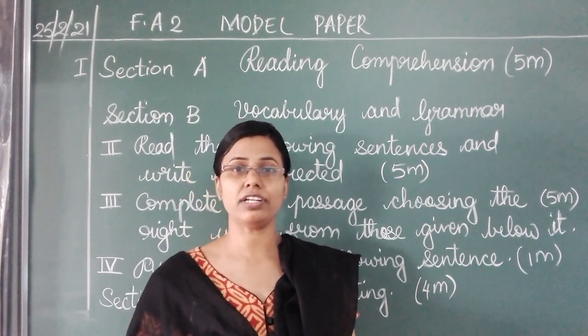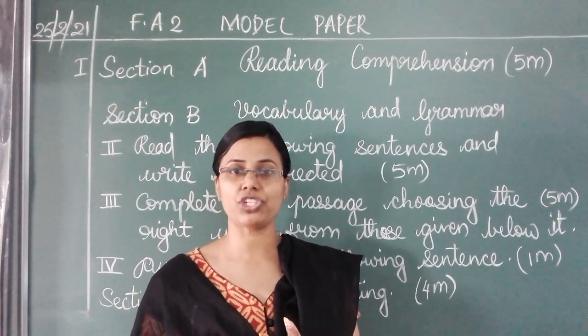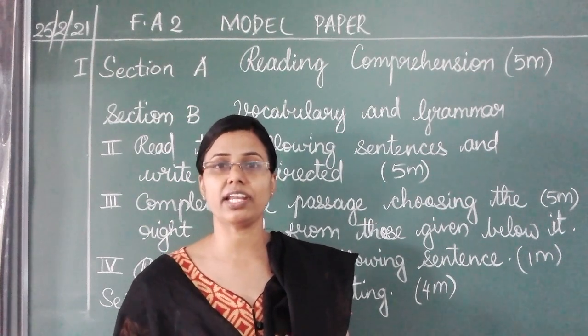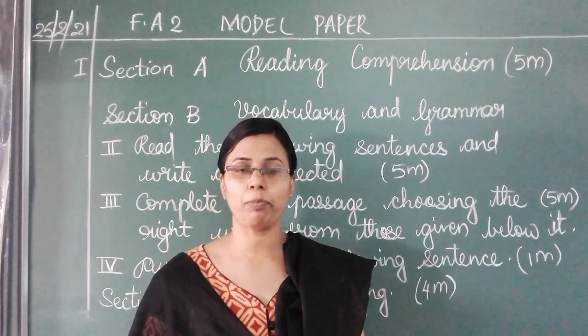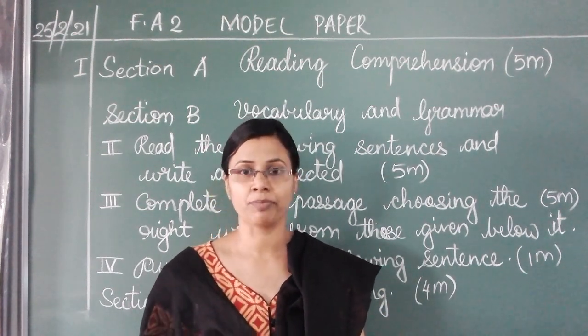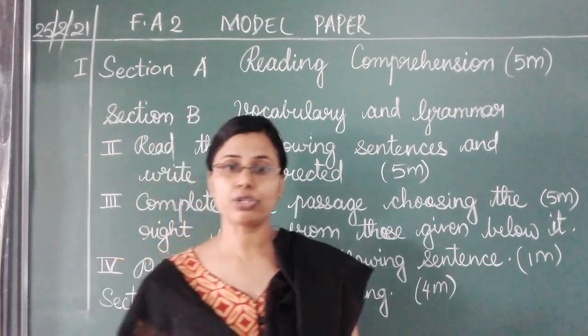So whatever it is, you have to write the Roman number properly and write the question number correctly and write the answer. If choose the correct answer is given, you need to write the alphabet properly, whether it is option A, option B, option C or option D. Then what is there in that option also you have to write.